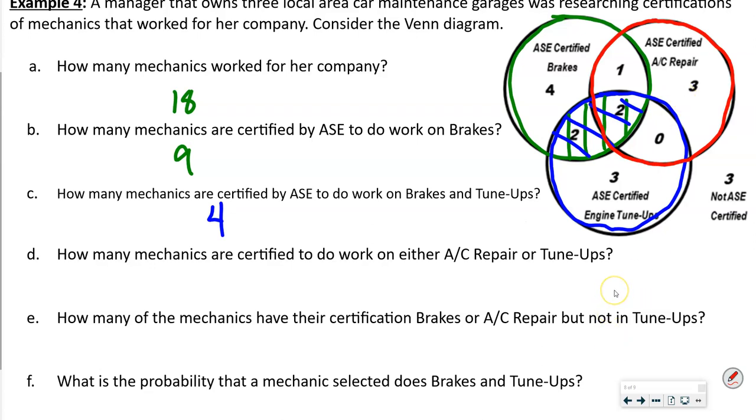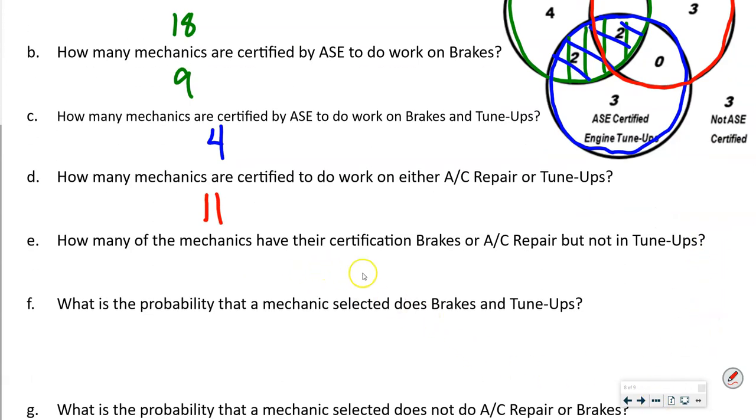So when we look at this one, this is a little bit different because it's asking us for tune-ups down here and AC. So what we want to do is count the total number in both sets, okay? So this is going to be 1 plus 3, which is 4, 5, 6, 7, 8, 9, 10, 11. So we want everything that's in both circles based on what was given to us, right? So that's 11, okay?